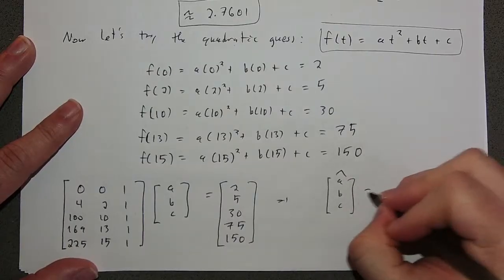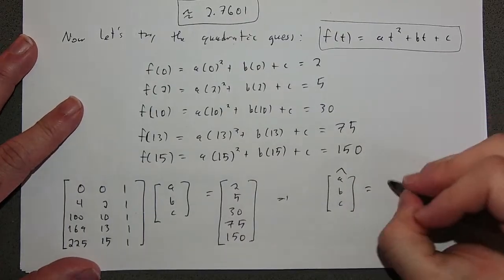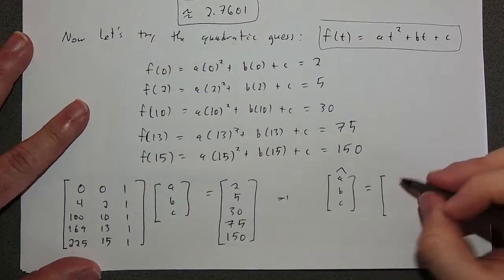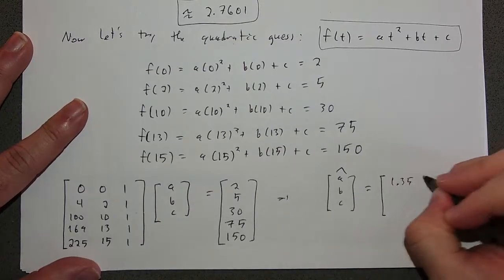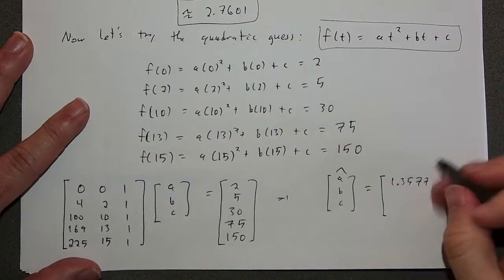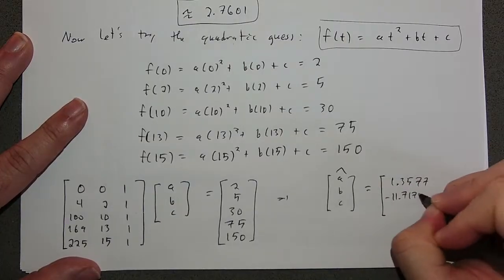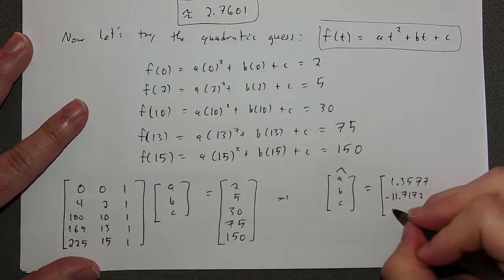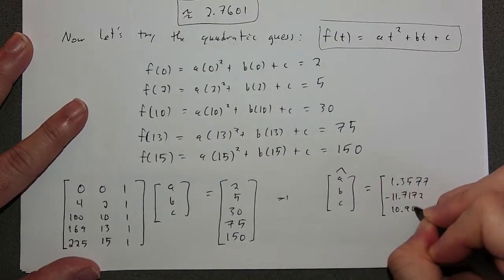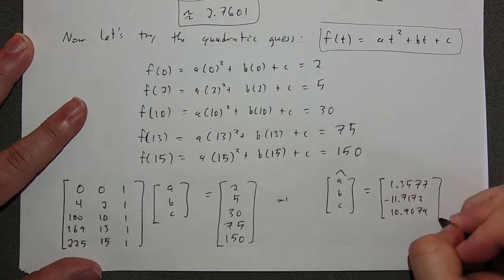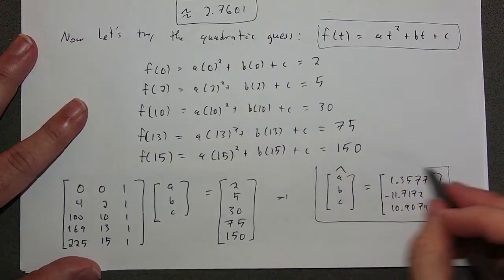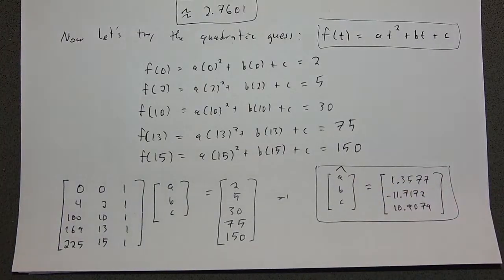The least squares solution is, writing this out exactly, 1.3577, next is minus 11.7172, and next is 10.9079. Here we go. There it is.